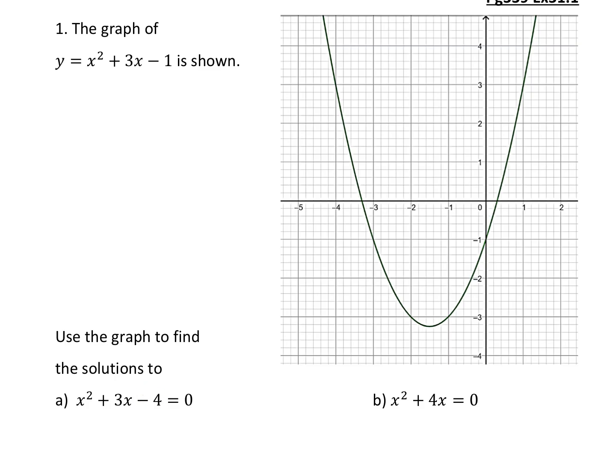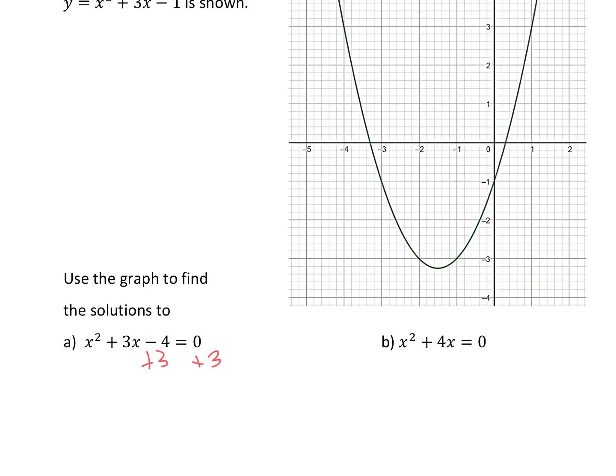We'd have to add 3 to that side. Now, with an equation, you can't just add 3. That's not mathematically correct. You have to balance the equation and add 3 to both sides. So you'd end up with the equation x squared plus 3x minus 1 equals 3.